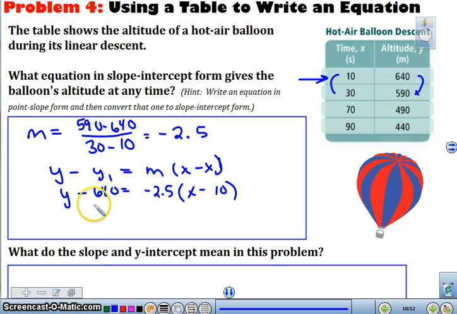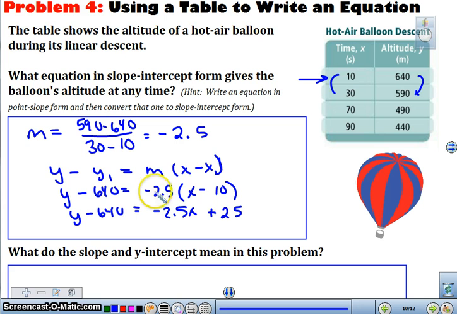Now, when you get it in slope-intercept form, we're going to use the distributive property here. So y minus 640 equals negative 2.5x, and you should have plus 25.